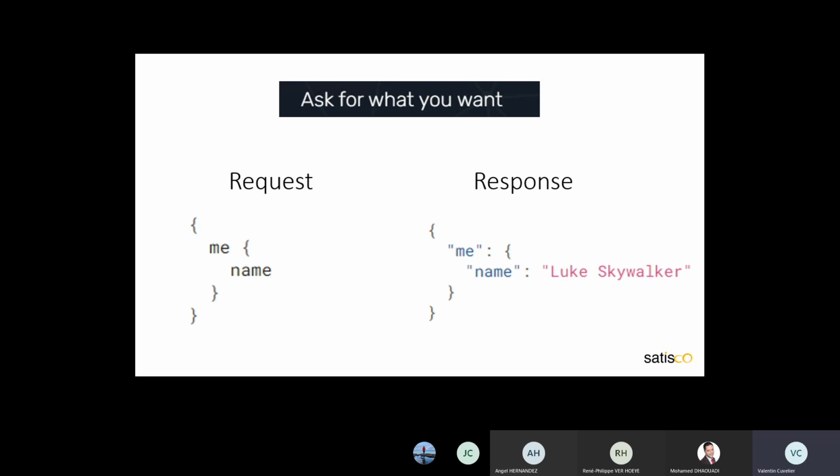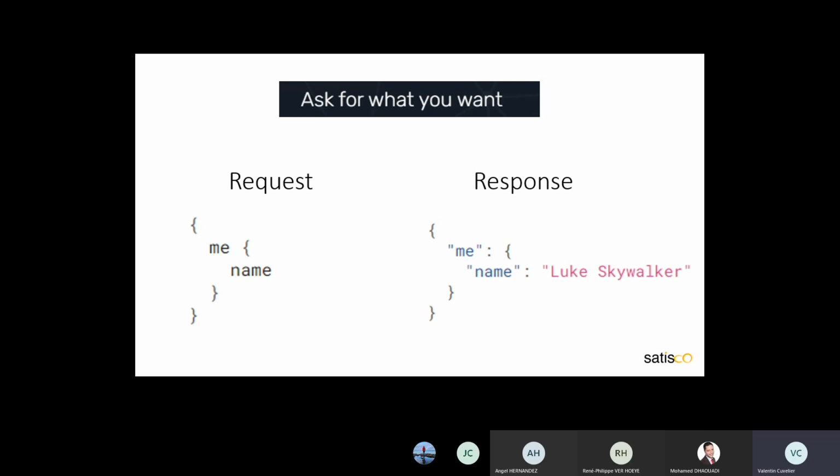This runtime can receive requests, and when GraphQL receives a request, it checks the structure and the type of each field.